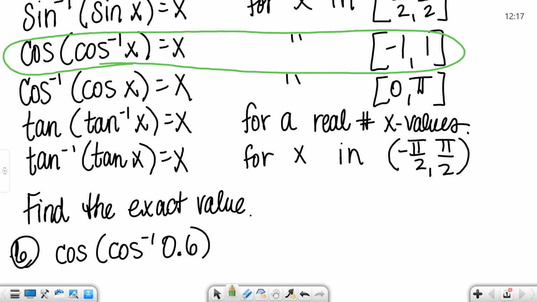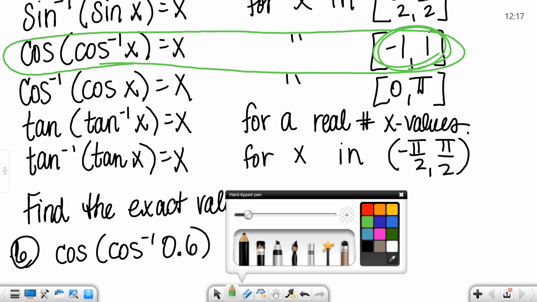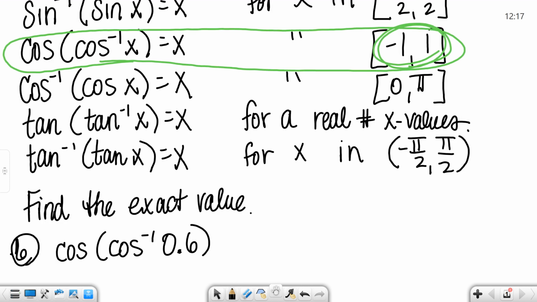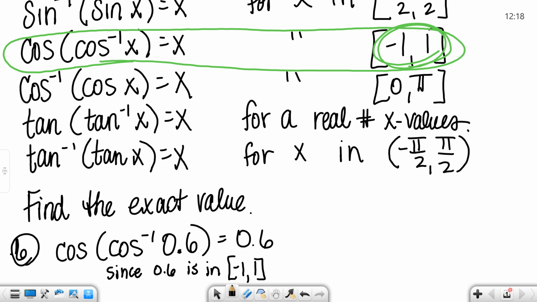So the x value in question must be between -1 and 1. Let's just double check. Is 0.6 between -1 and 1? Yes. Since 0.6 is in that interval, my answer is just 0.6. Done. Because it fell in that interval, it works to say it's just 0.6.